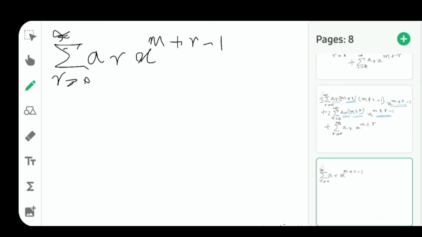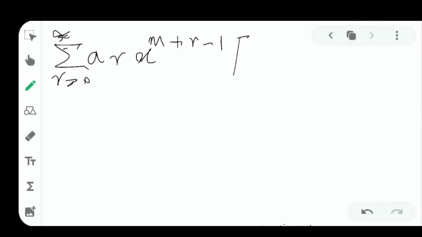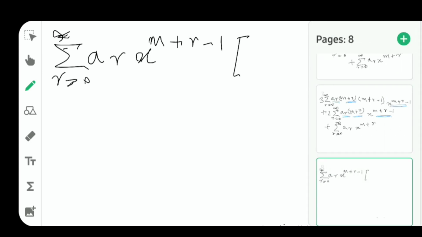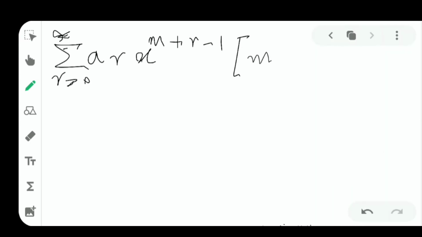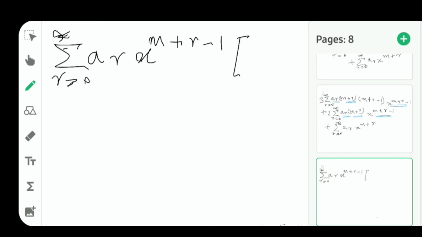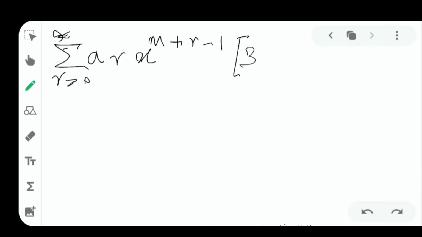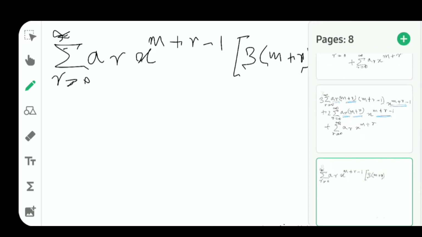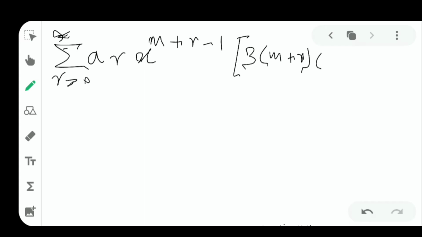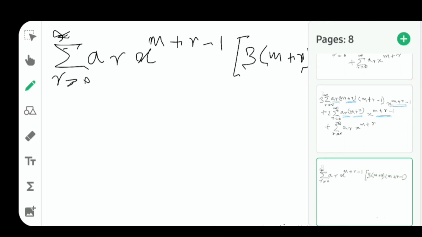If we take this common part, the terms we get will be m plus r, and we get 3. So we'll get 3(m plus r)(m plus r minus 1), and then plus 2(m plus r).